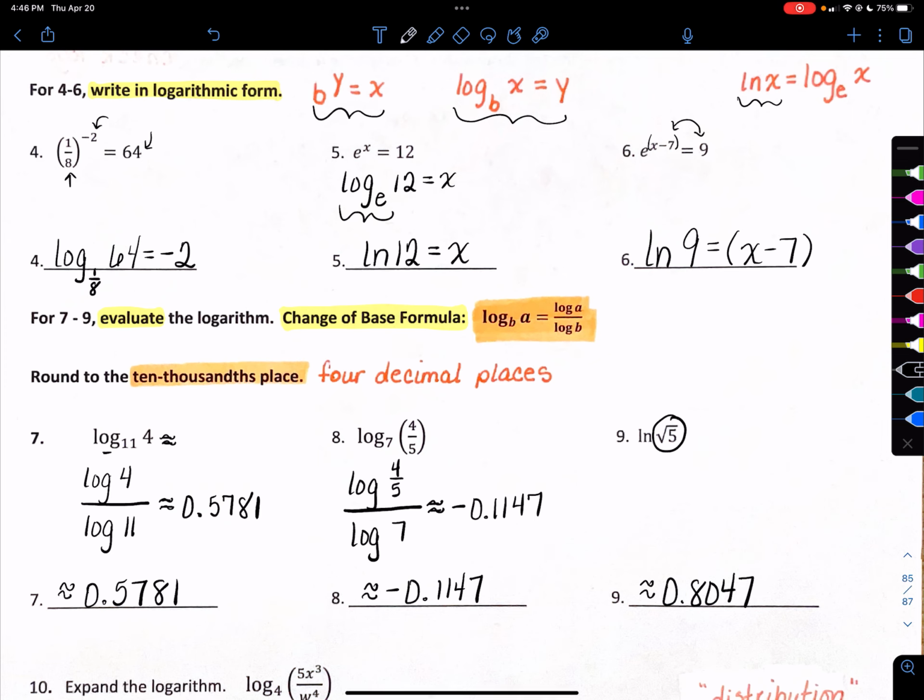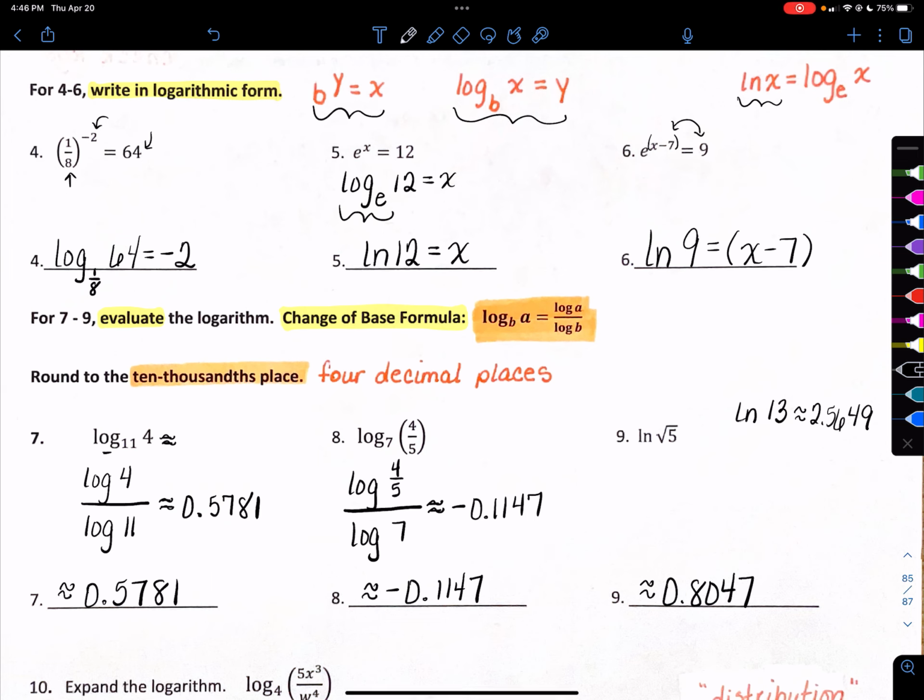Okay. So on these ones here, if you get stuck in class, if you're not sure where that button is, remind me and I'll show you where to find the button. I won't tell you when to use the button, but I will show you where to find it. So what if I had ln of 13? Then you type in 13 ln, and that would give me 2.5649.